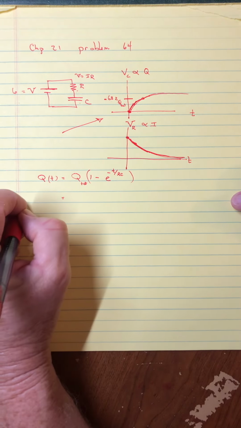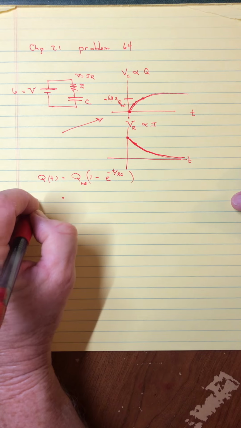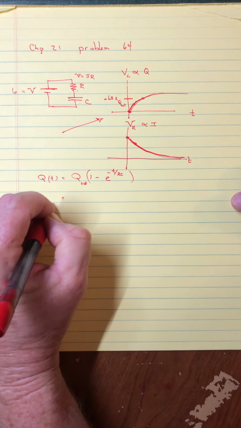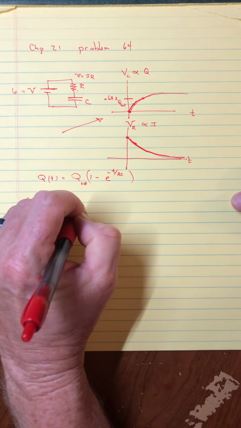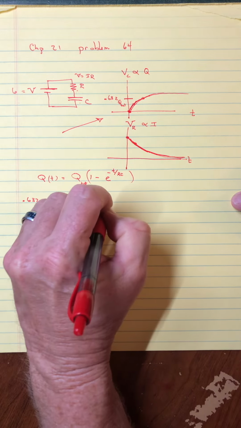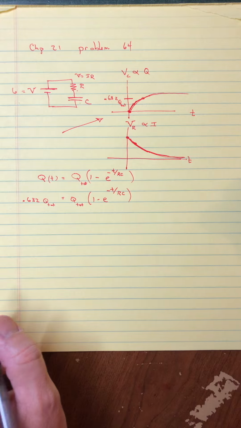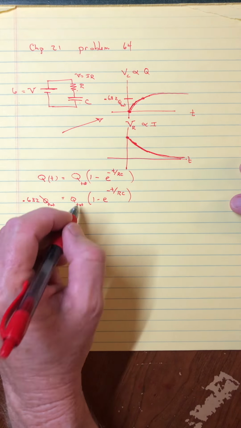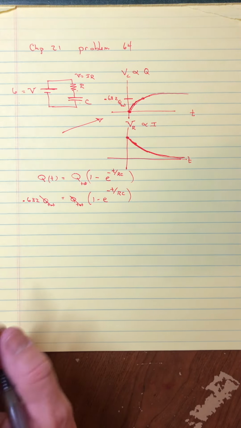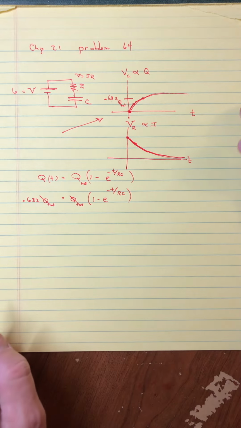So they're really saying this is 0.632 of the total. So we don't really know what the total actually is, and that's a good thing because they don't give us enough information to really decide that. We just have a percentage of what it gets to. All right.